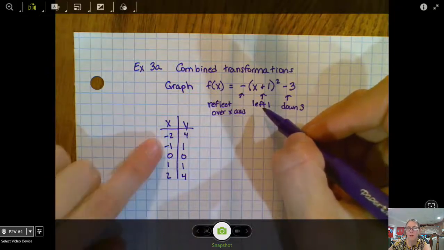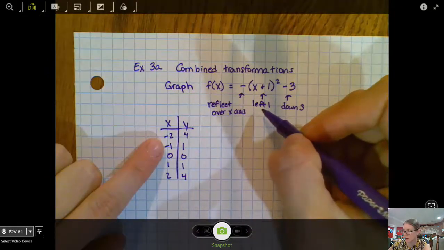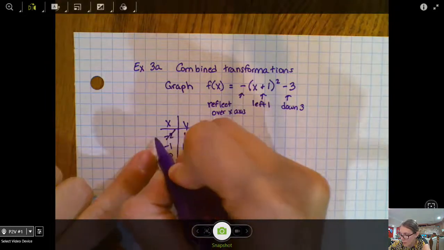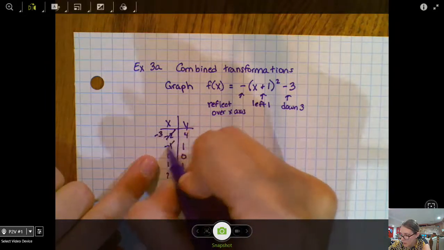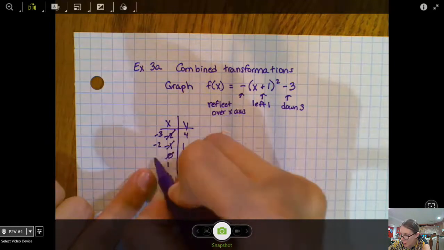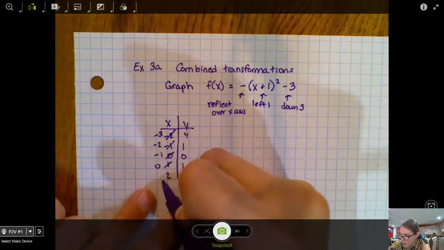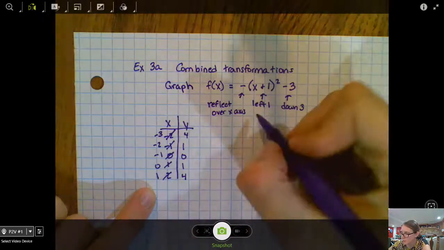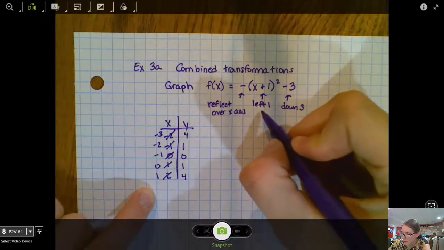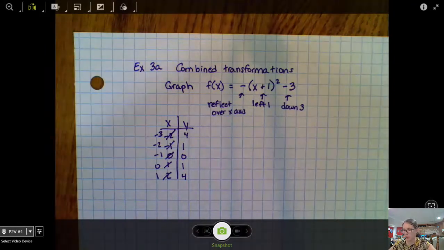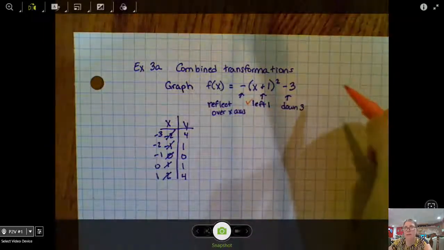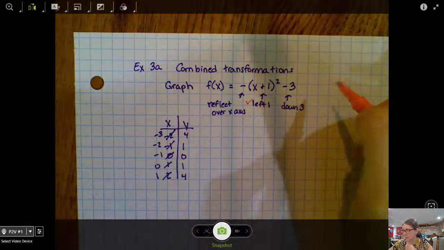And if we're moving our graph left 1, our x values should get 1 smaller. So subtract 1 from each x value. I'll use a different color here and put a check mark next to the left 1 to say we already did that one.